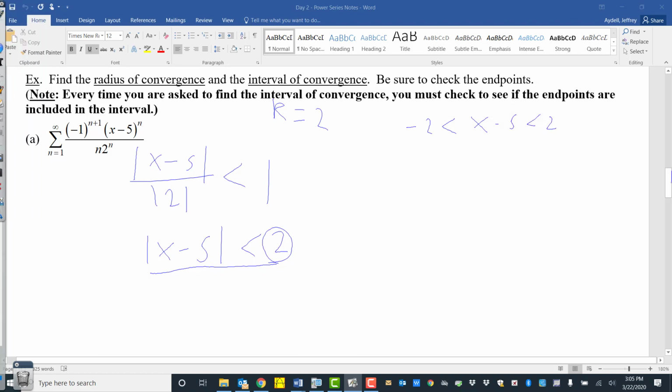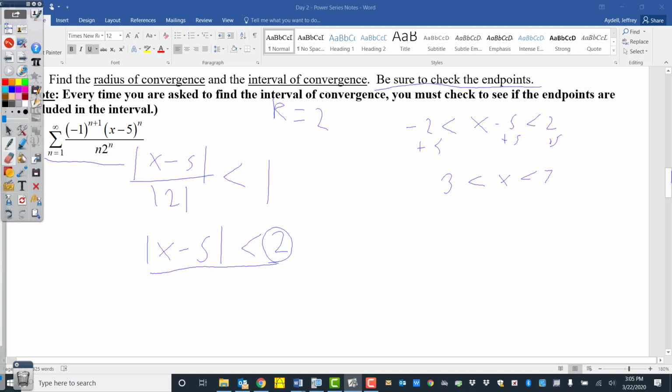Or in other words, add this 5 to both sides and get 3 is less than x, which is less than 7. Now what we've just done is we've shown that as long as x is between 3 and 7, this series will converge. But if it's not between 3 and 7, that series won't converge, which is great. That's awesome. But what happens at 3 and 7? That's where this check your endpoints comes in.